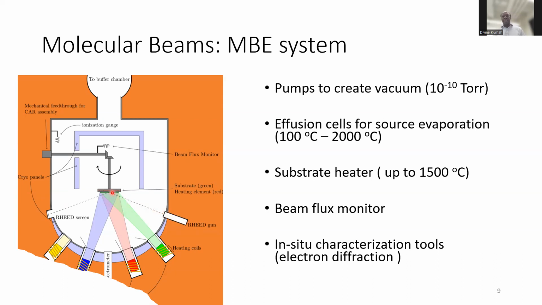If your surface is nice and crystalline, then that is going to lead to reflection onto a screen you can pick up with a CCD camera, which allows you to map the crystal structure of just the surface, and also the atomic smoothness of the surface of the material you're trying to grow.